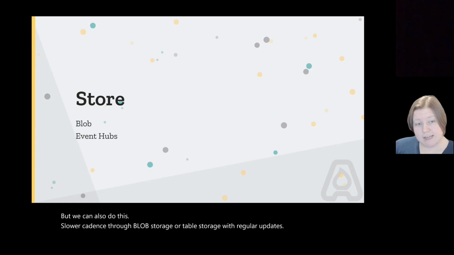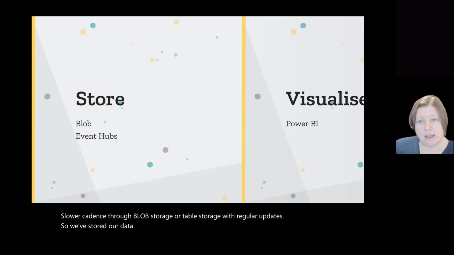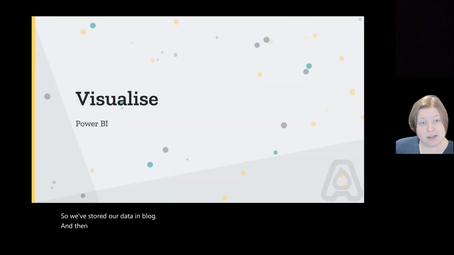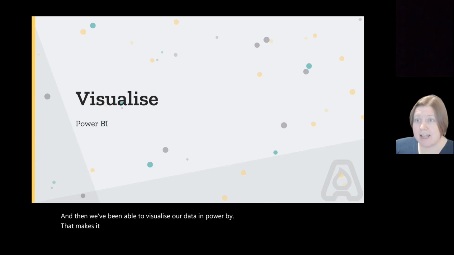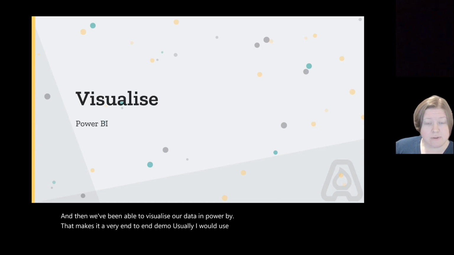So we've stored our data in blob, and then we've been able to visualize our data in Power BI. That makes it a very end-to-end demo. Usually I would use Databricks for a lot of it because you might have custom solutions.